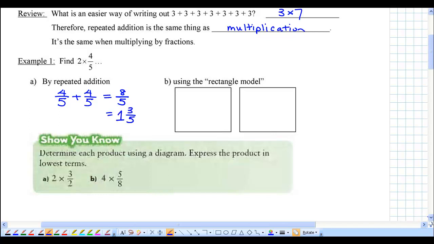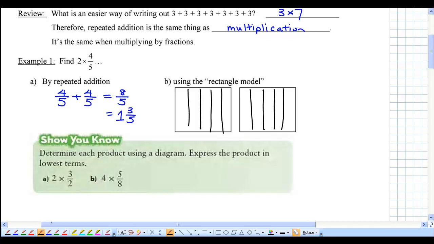Thank you. Now, let me ask you to also do the same thing with the rectangle model. Okay? So I'd like you to do this. Notice it's 4/5. So I'm going to ask you to split up every single one of these rectangles into what? Fifths.